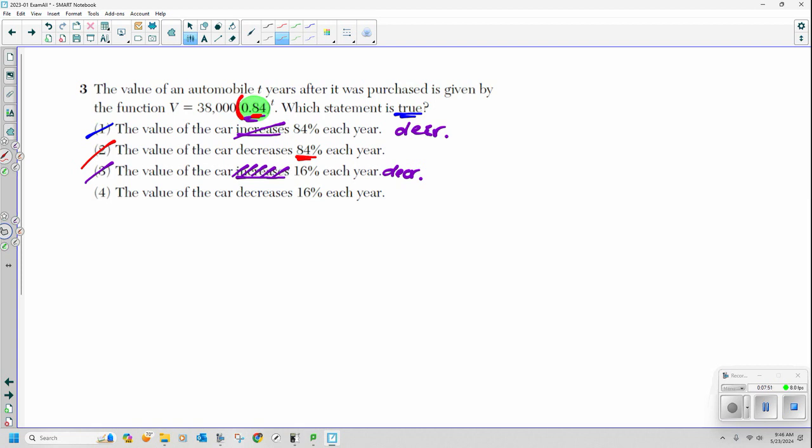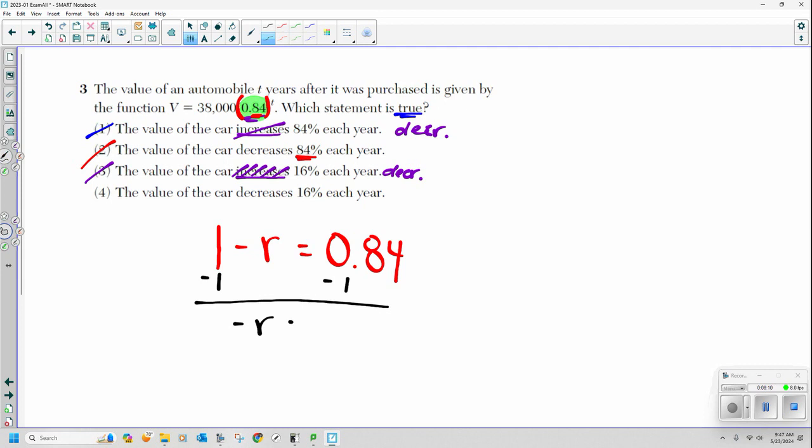But let's not forget, whatever's in the parentheses is 1 plus or minus my rate. That's going to equal what's inside the parentheses. All right? Now, since we're decreasing, we're going to subtract the rate. So all I got to do is solve for r. If I subtract 1 from both sides, I get negative r equals negative 0.84 minus 1, which is negative 0.16.